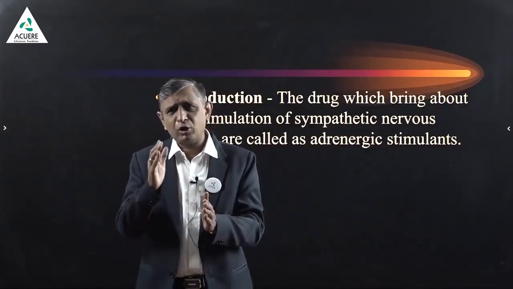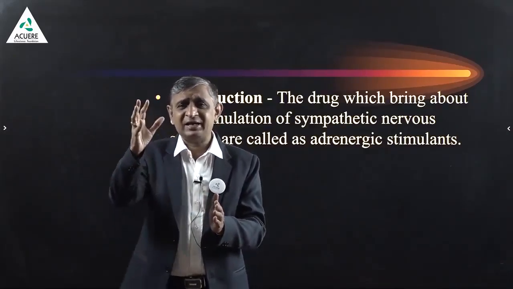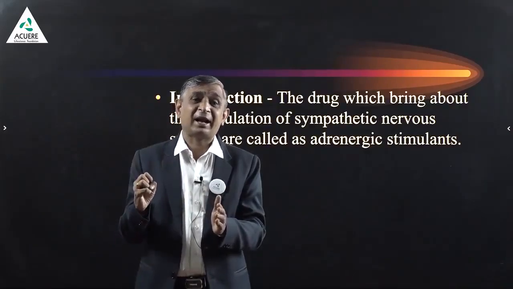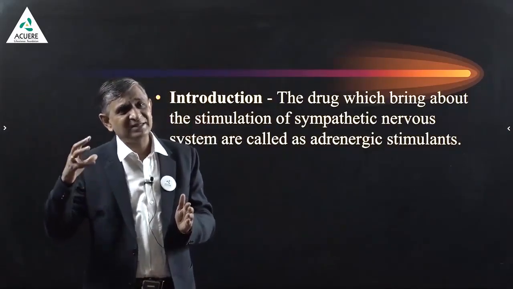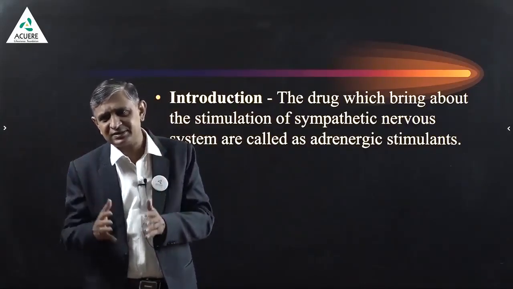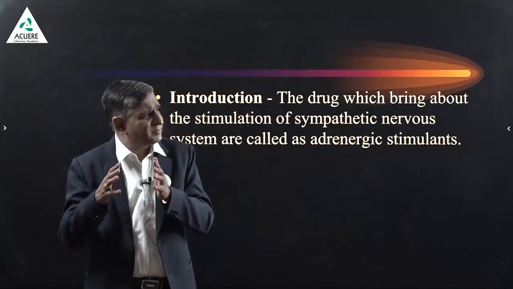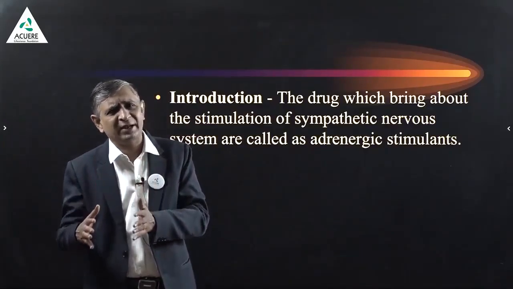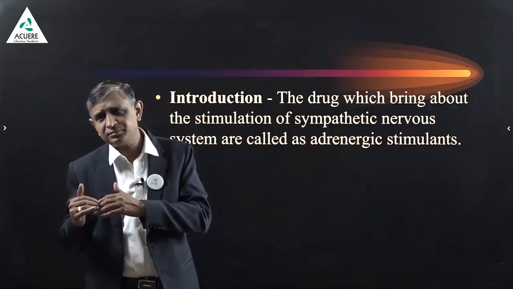The part of the autonomous nervous system that considers the ganglia related to the cranial nerves as well as the sacral nerves is known as the parasympathetic nervous system. This parasympathetic nervous system is also known by the name cholinergic nervous system.